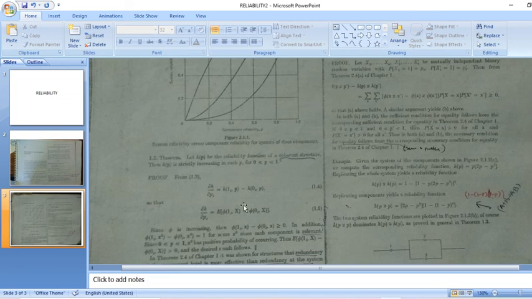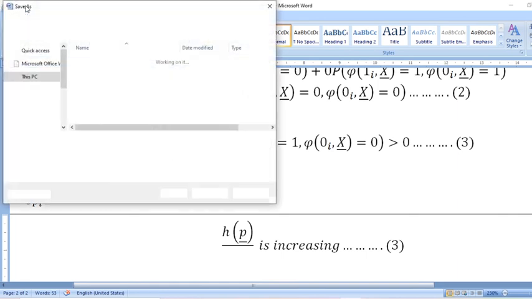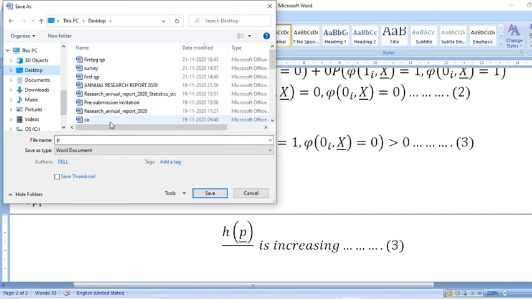Strictly increasing in the sense it should be greater than 0. So we have explored the arguments, and you can see the proof here. Okay, so we obtain that h of p is increasing. That is the result: the reliability function h of p is always increasing for a coherent system.